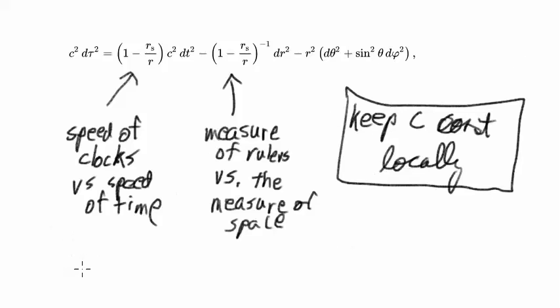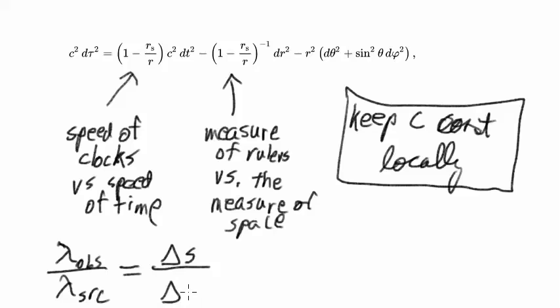The reason for doing it is to make lambda observed over lambda source equal, let's call it, delta s over delta r with t, theta, and phi constant.